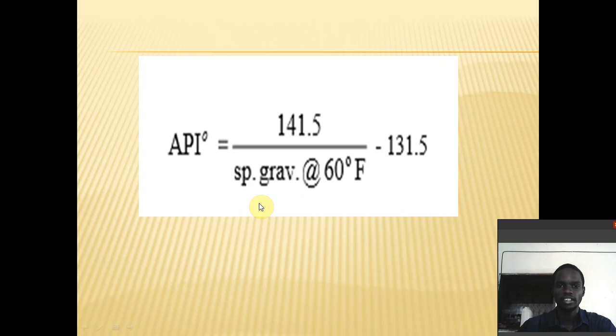Bacteria have a tendency of eating up very light crude oil, for example methane and other light components of petroleum. So they leave very heavy hydrocarbons such as asphaltenes, then the NSOs, the nitrogen, sulfur, and oxygen compounds. Those are extremely heavy and they make up those heavy oils.